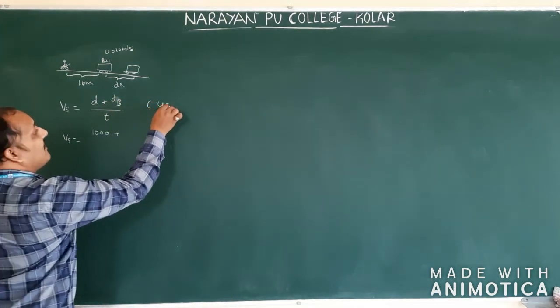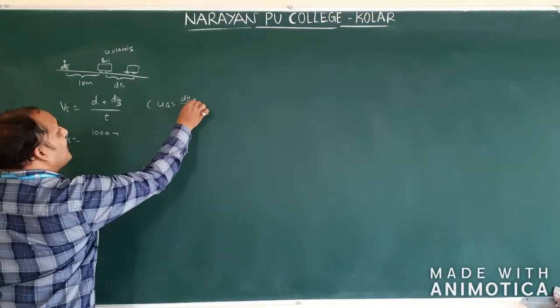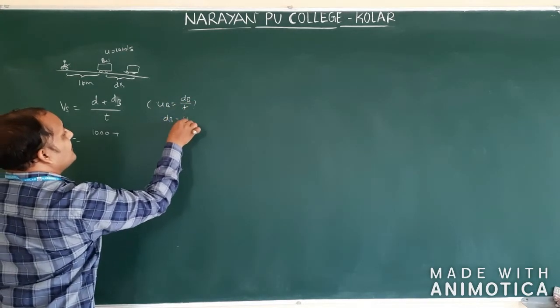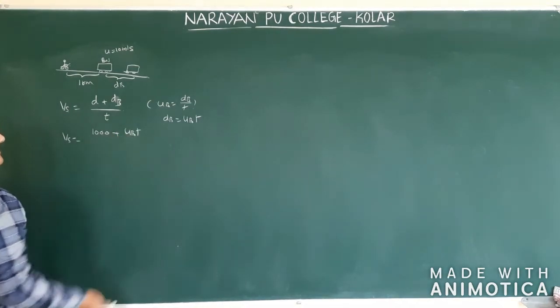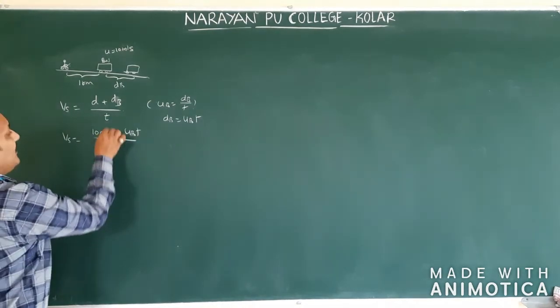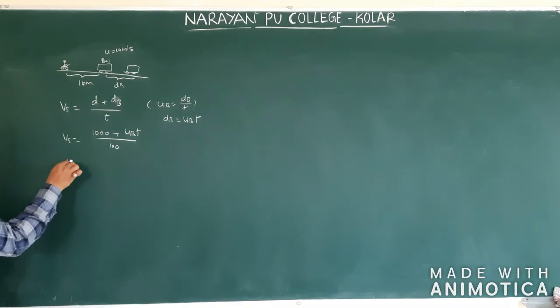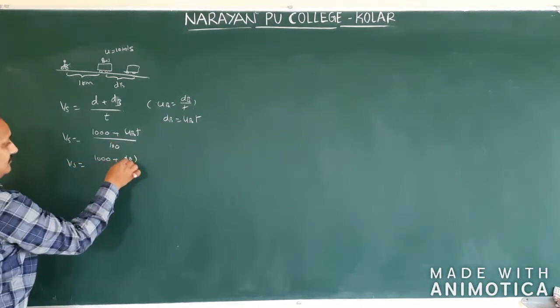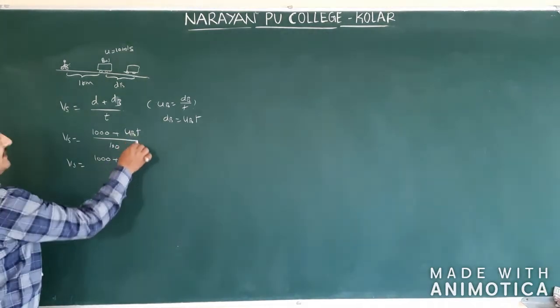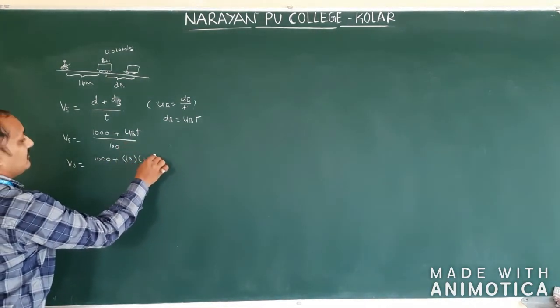So the distance covered by the bus is velocity of the bus into time, that is u into t. Therefore, Vs is equal to 1000 plus u t, that is 10 into 100, divided by the total time, 100.